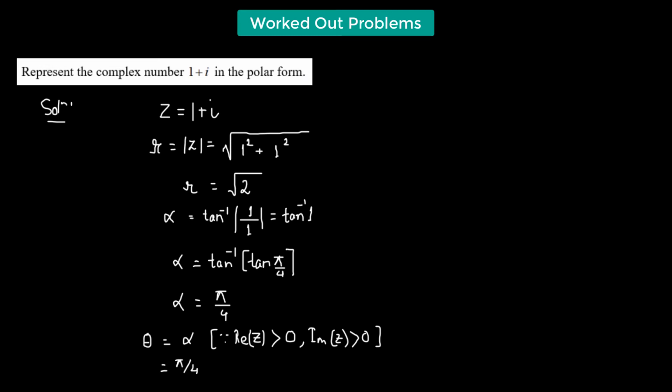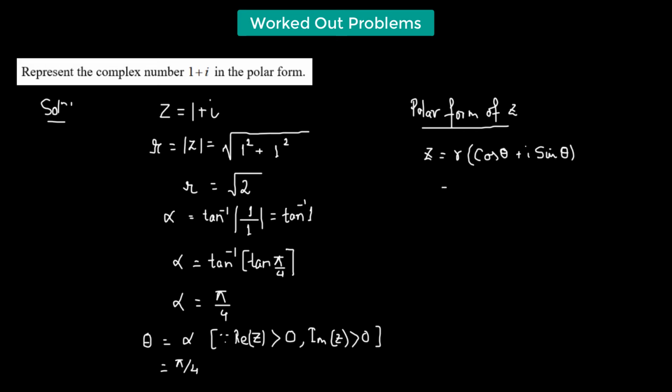Now that we have the two values r and theta, the polar form of the complex number z is given by z equals r times cosine theta plus i times sine theta.